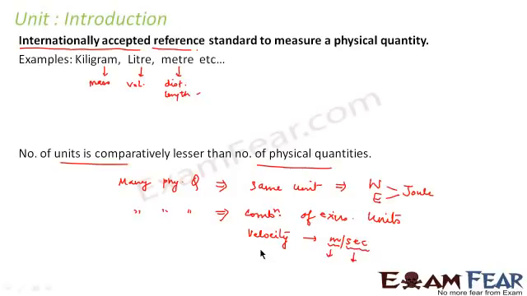So, the unit for velocity is derived from already existing units. Therefore, it is observed that because of these kinds of constraints, the number of units is comparatively lesser than the number of physical quantities. So, what did we study here? What is unit? It is an internationally accepted reference to measure a physical quantity.